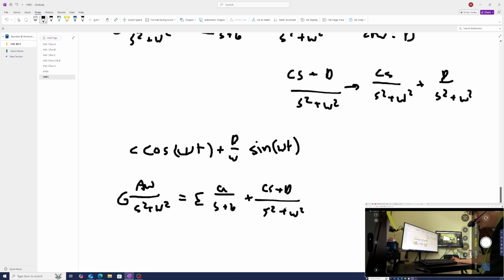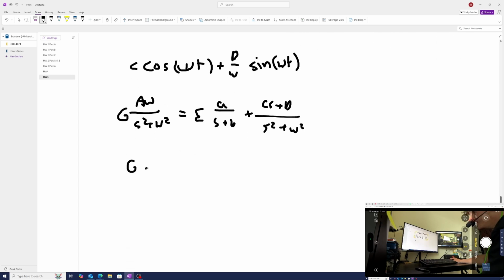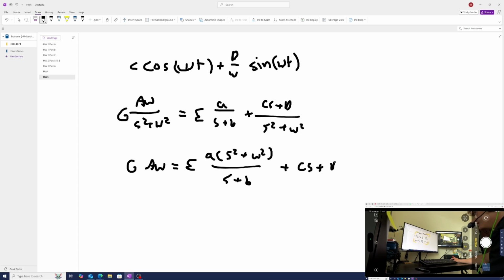If we multiply across by s squared plus omega squared, we get G A omega is equal to the sum of A times s squared plus omega squared over s plus B plus CS plus D.